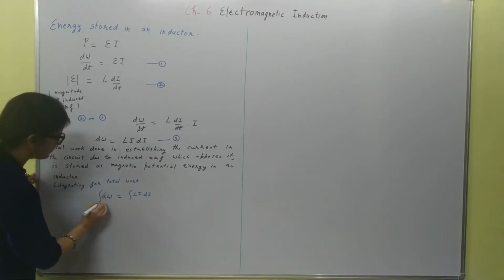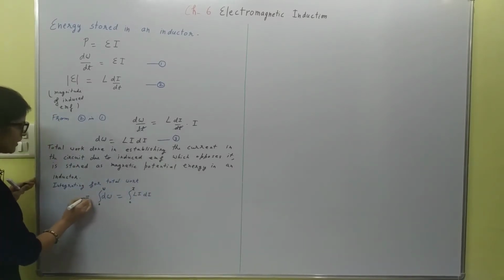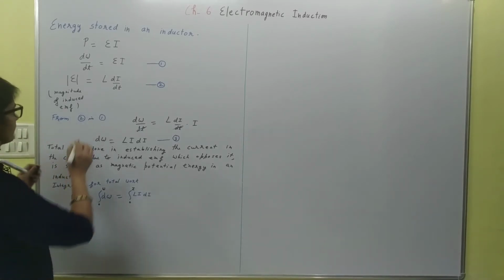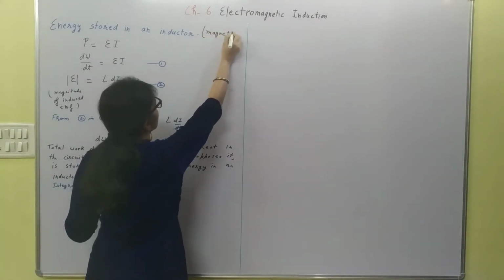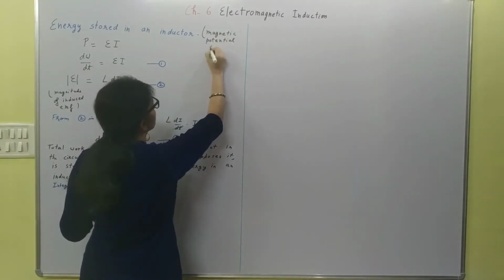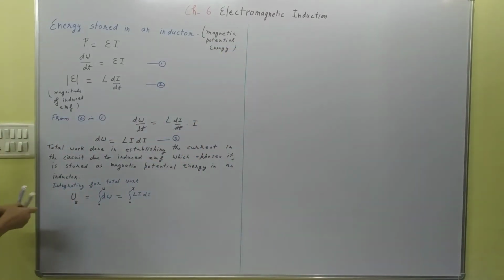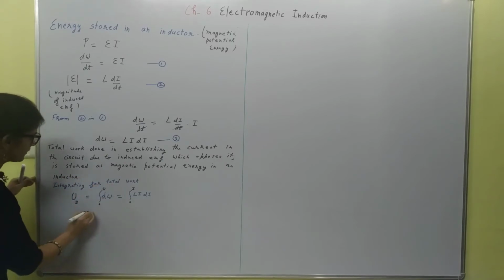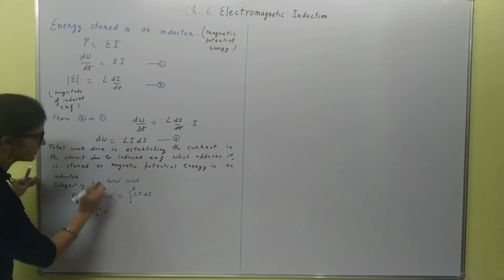This will be 0 to W, this will be 0 to I, and this is stored as magnetic potential energy. So I am writing the suffix UB. So the integral of dW is W. We put the limit 0 to W, this will remain W only.